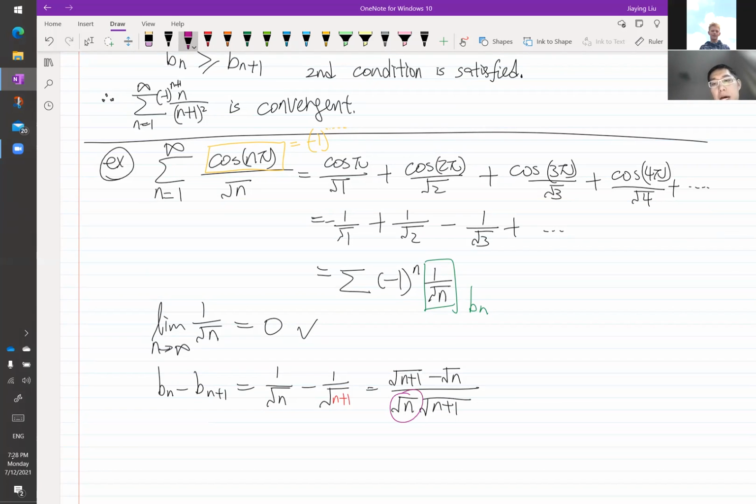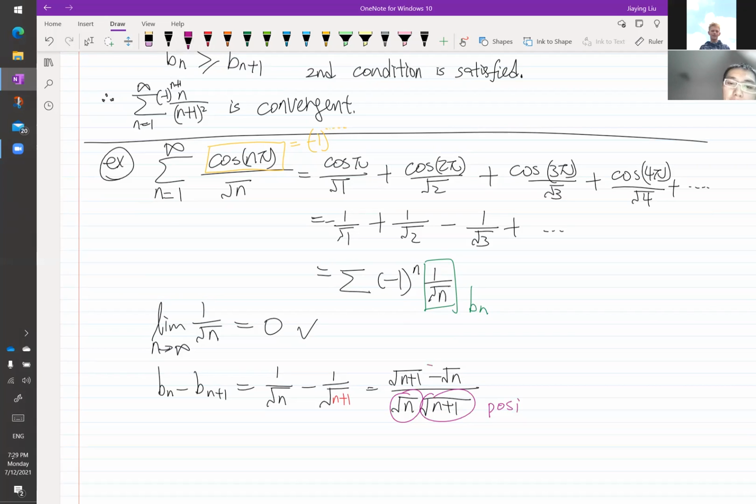The denominator is always positive, so the denominator is positive, right? The numerator, you have 2 terms subtracting 2 square roots. Well, which one is bigger? Is the numerator going to be positive or negative?